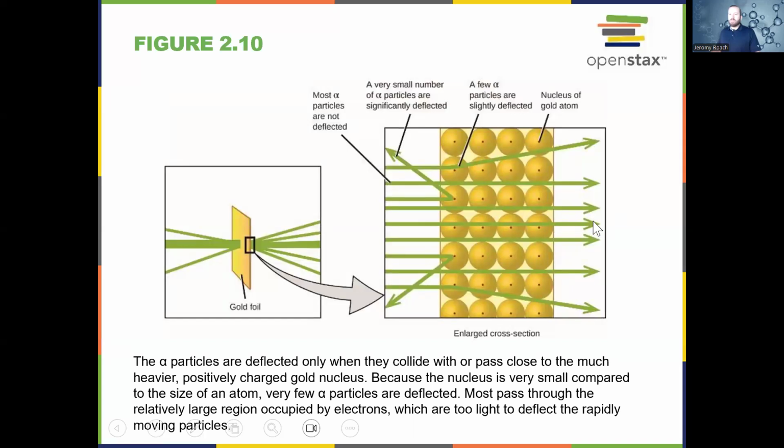So it's just moving through the atom. Here they're moving between the atoms. Here they're coming into contact with the nucleus and they're bouncing back at a different angle. And some of these just barely graze the nucleus, and then get slightly deflected to one side.